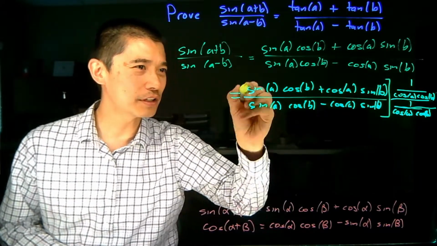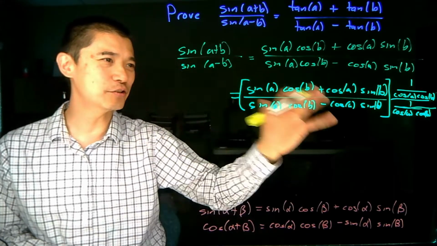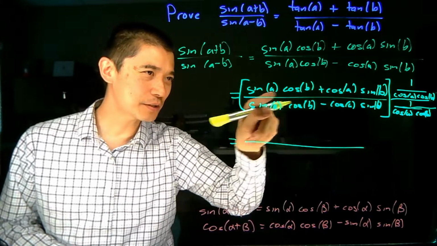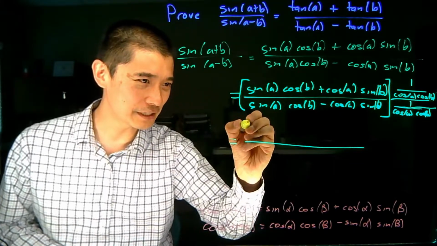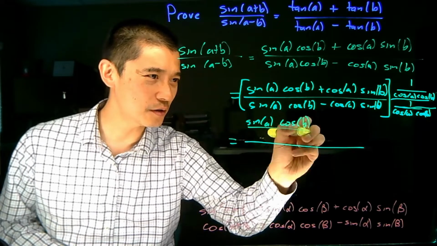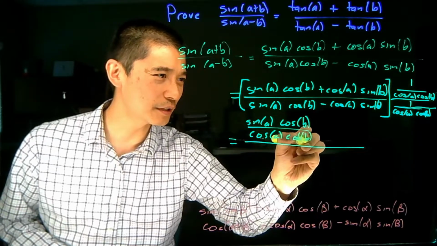Now, really important here, we're going to have to use the distributive property. We're multiplying this by the entire numerator here. So what do we get? Well, I'm just going to write it out. Sine A cos B over cos A cos B, and similarly for the rest.